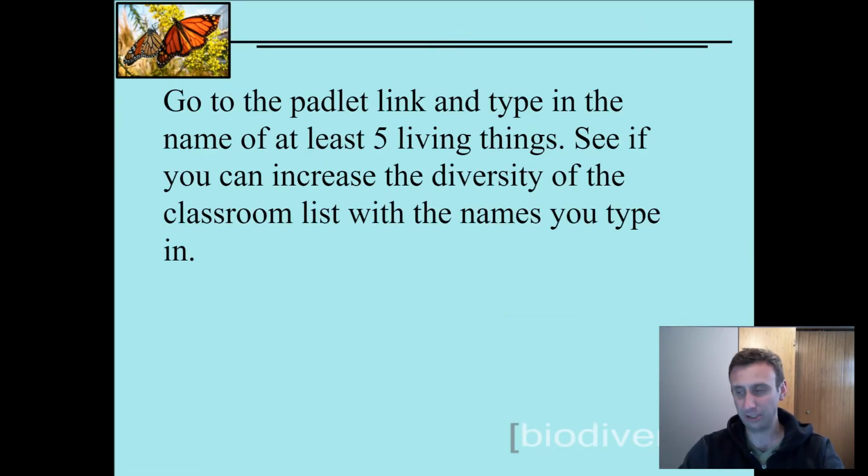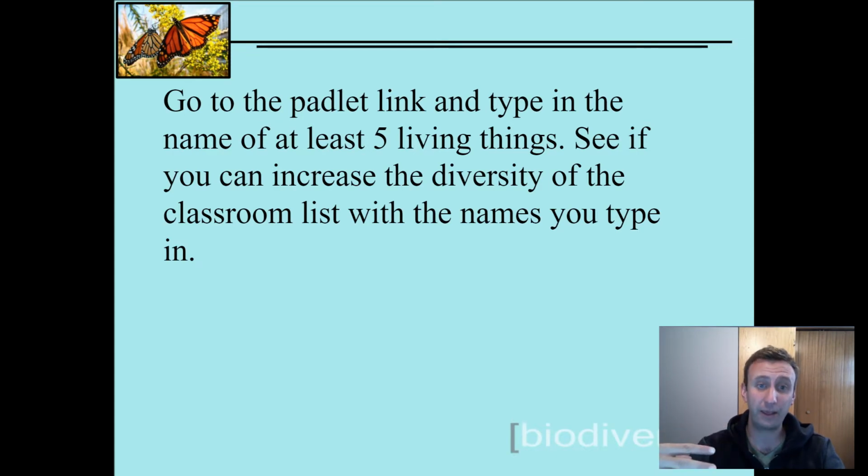So, first thing we're going to do is I'm going to have you go to the Padlet link that will be in Edpuzzle and type in the name of at least 5 living things that you can think of. Now, here's the trick though, because you're going to be able to see all of these different living things. I want you to see if you can actually increase the diversity of the classroom list in the things that you post.